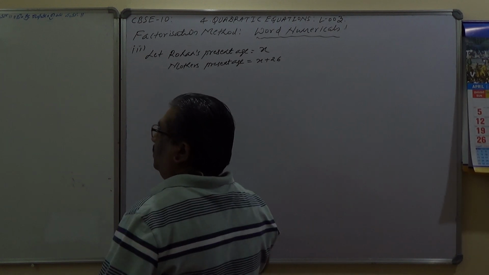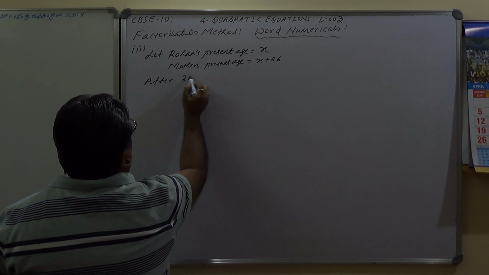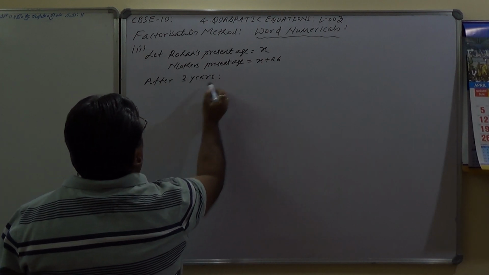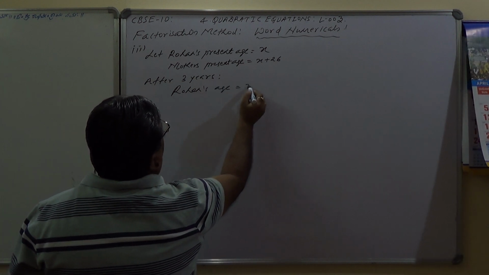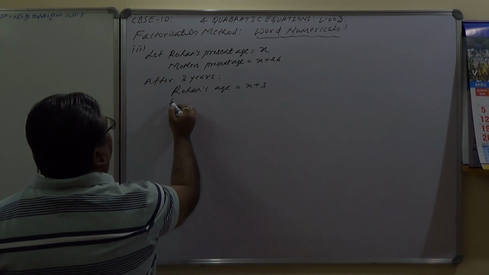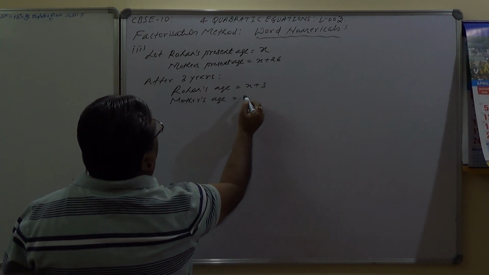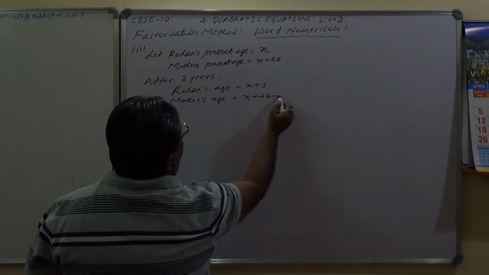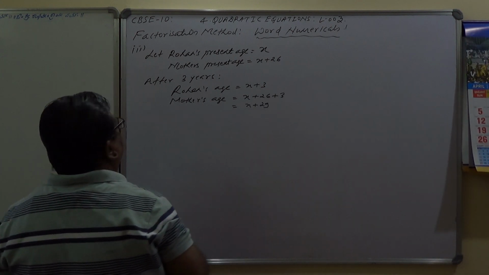The product of their ages after 3 years: Rohan's age x plus 3, mother's age x plus 26 plus 3, which is x plus 29 years.